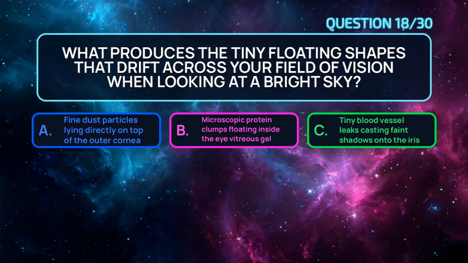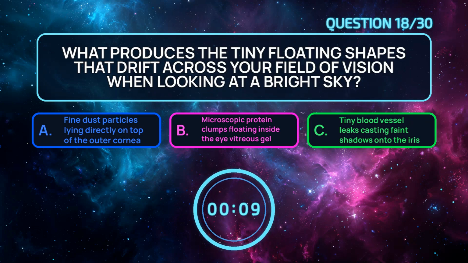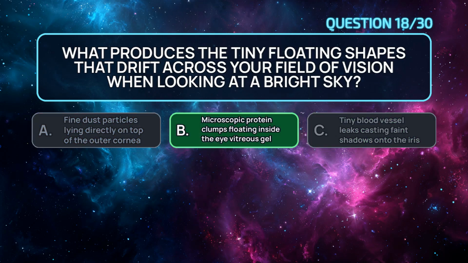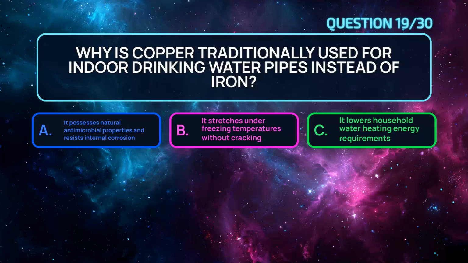What produces the tiny floating shapes that drift across your field of vision when looking at a bright sky? Correct answer. Microscopic protein.